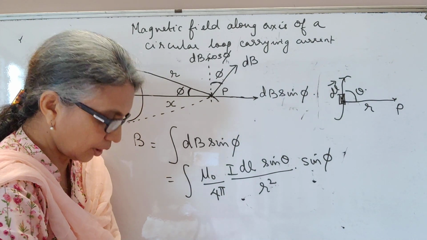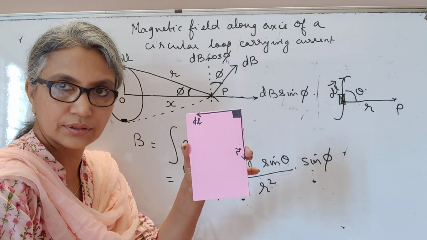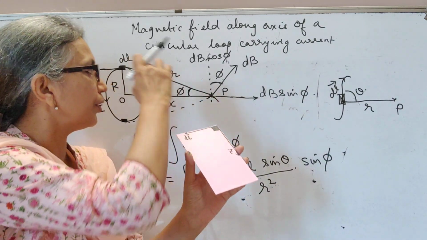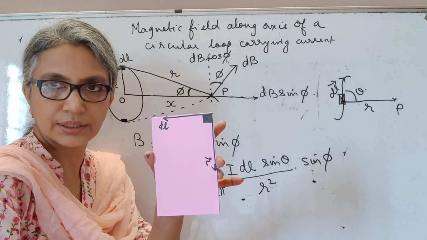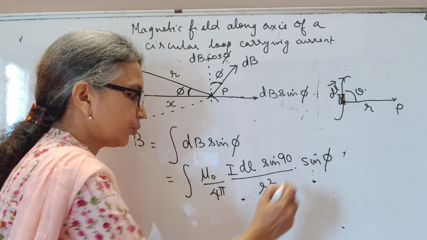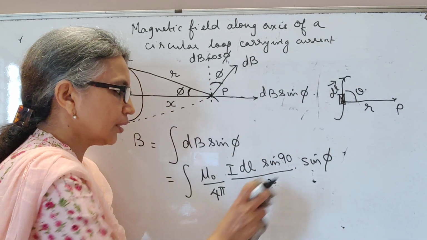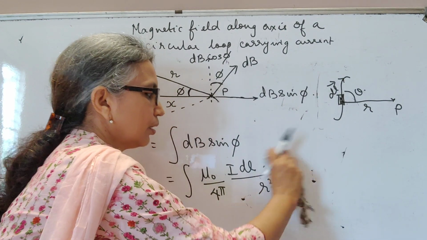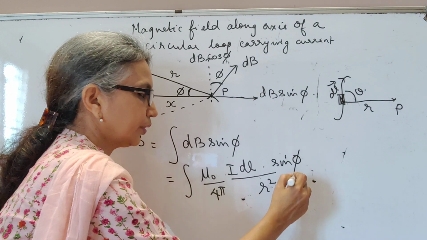And I just showed you here that this dl, which is along the tangent of the circular loop, and r, which is joining dl to point P, make an angle of 90 degrees. So this theta is going to be 90 degrees, which means sin 90 is 1. So we may forget about that and we simply write I dl sin phi.